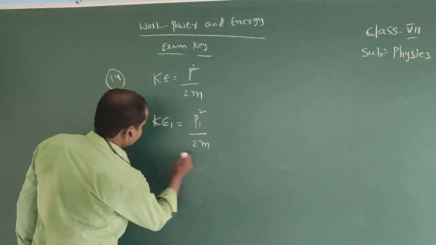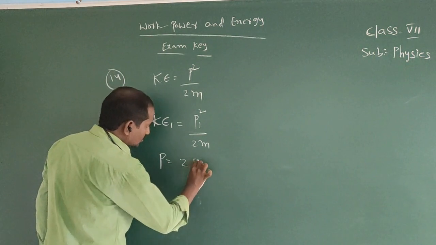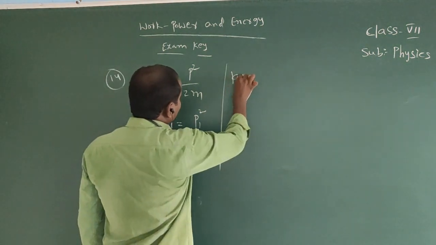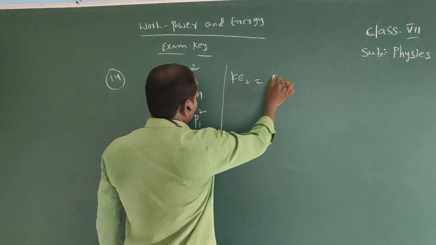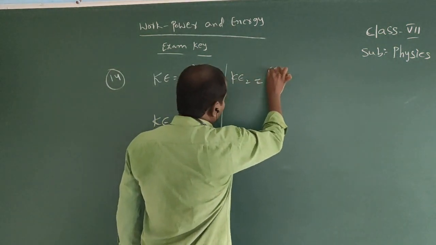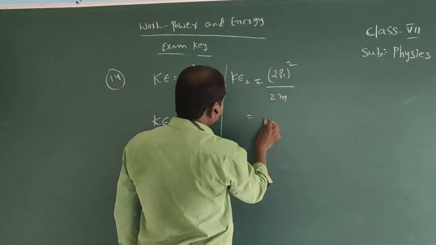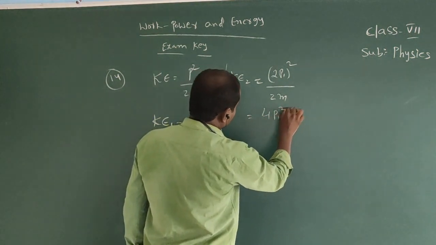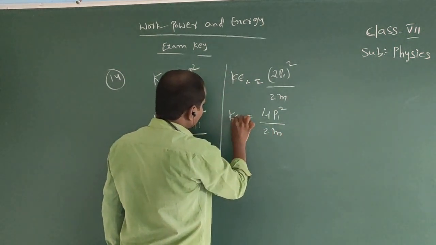Next momentum is increased by 2 times. Therefore P equal to 2P1. So here Ke2 equal to 2P1 whole square by 2m, that equal to 4P1 square by 2m. It is Ke2.